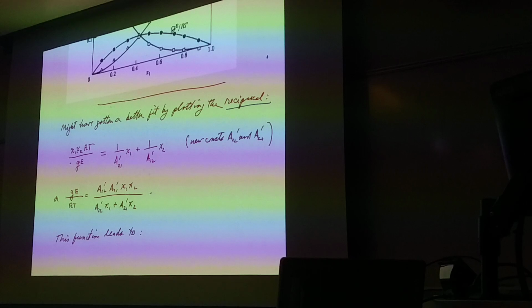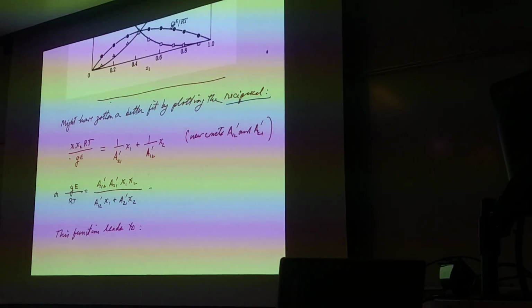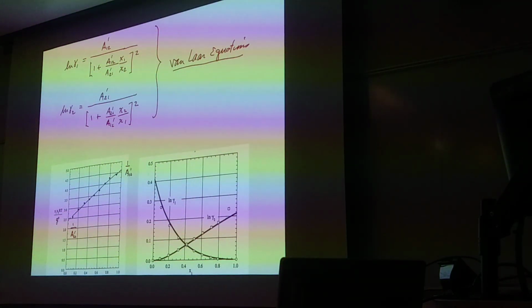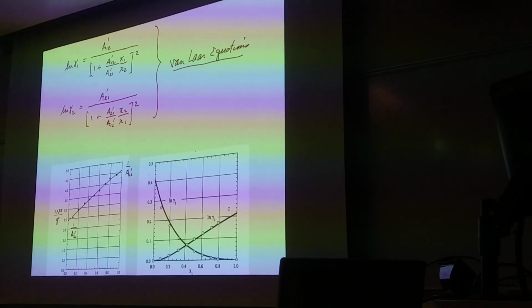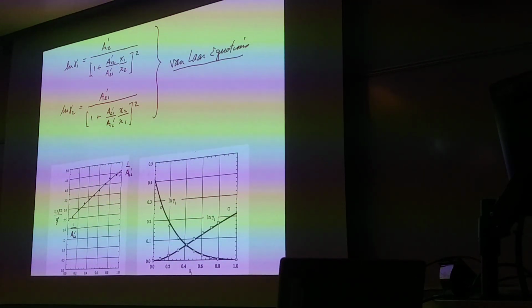That's perhaps a little awkward, but it might be worth an exercise to do it. This leads to the following. So I get these expressions now for log gamma 1 and log gamma 2 in terms of the constants A12 prime and A21 prime. You notice that now, if I plot it up, it looks like a slightly better straight line.